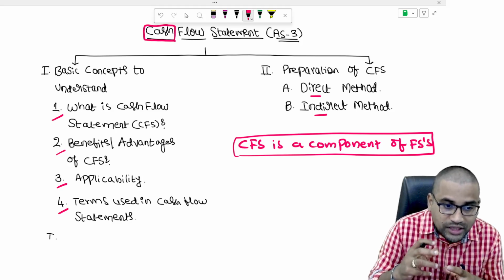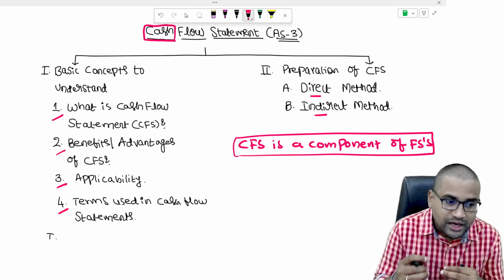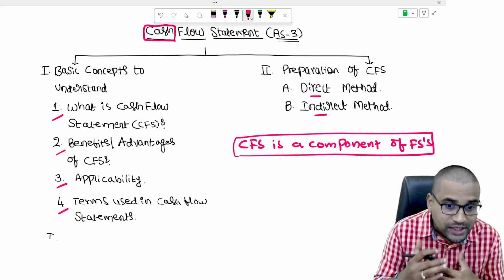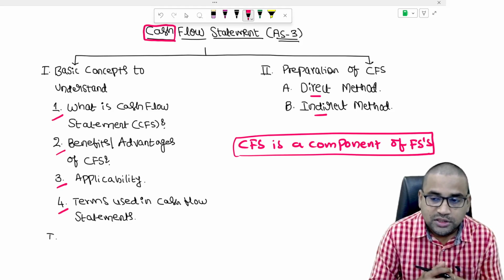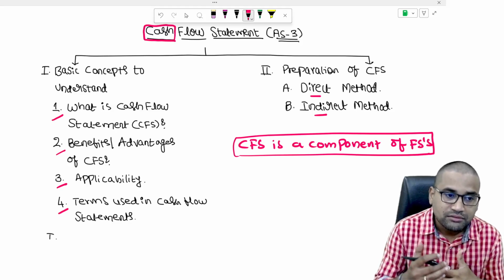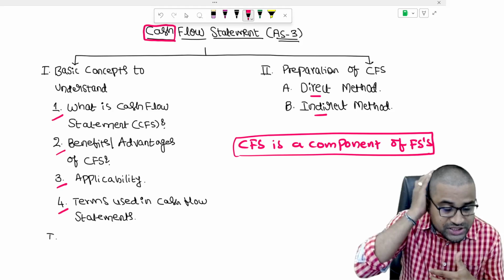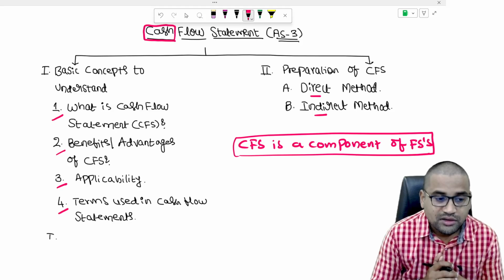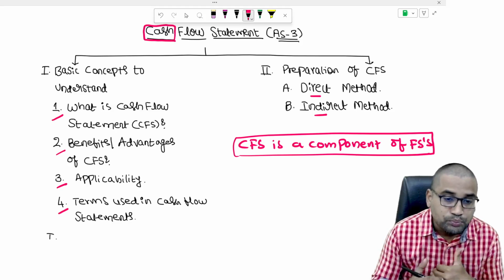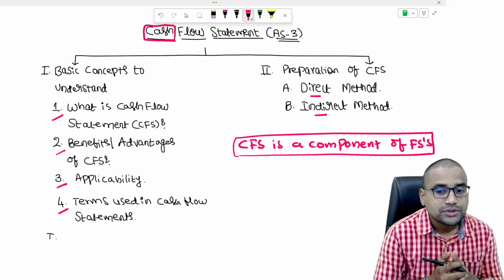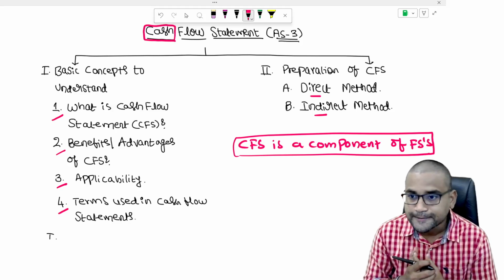Now, every business enterprise has to prepare this cash flow statement so that they will get an overall idea about how much cash we are generating, under which category, whether we are generating sufficient cash or not, and what we need to do in order to improve our cash flows. So all these decisions we can take.